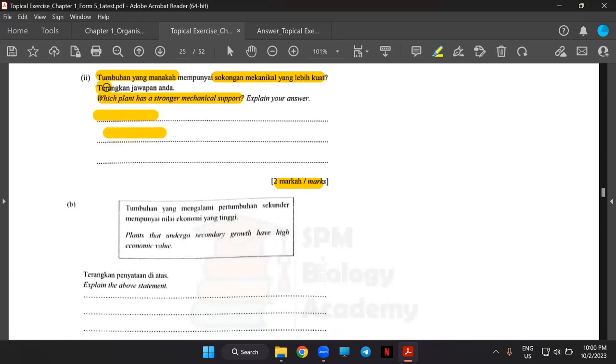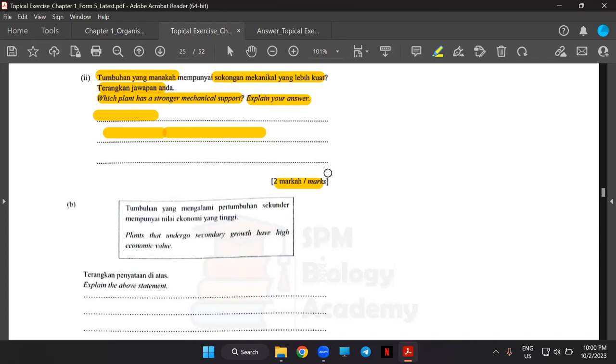Markah kedua, terangkan jawapan anda. Explain your answer. Kenapa you pilih jawapan itu? You can write this, kita boleh tulis jawapan ni. Plant Y undergoes secondary growth.